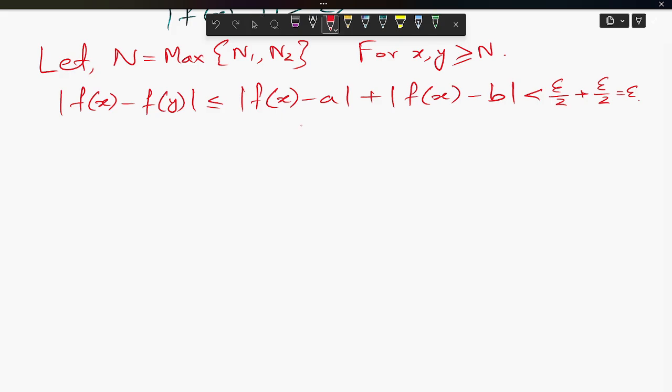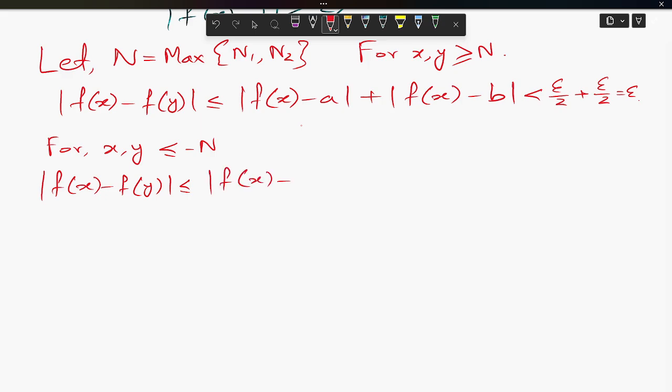And for x, y less than minus n, we again get mod of f(x) minus f(y) less than or equal to mod of f(x) minus b plus mod of b minus f(y). Sorry guys, I had written a mistake here.